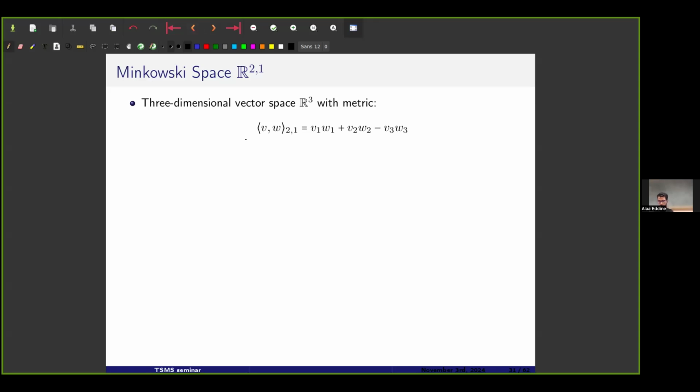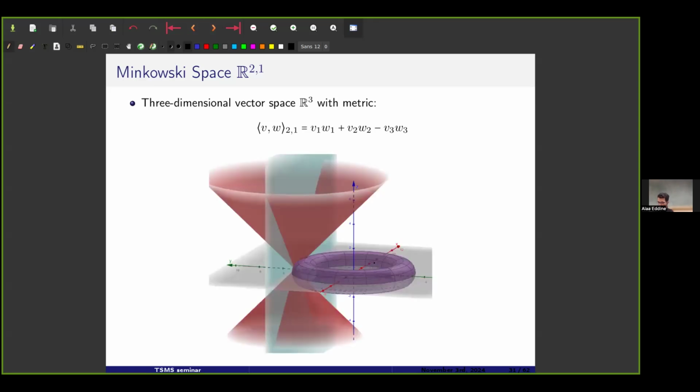I will give an example. If we take the Minkowski space, just the three-dimensional vector space with this Lorentzian metric, we can prove that any closed surface embedded in R3 in this Lorentzian manifold must have a point where the tangent plane is not space-like.